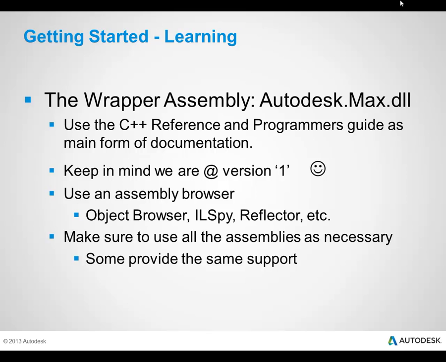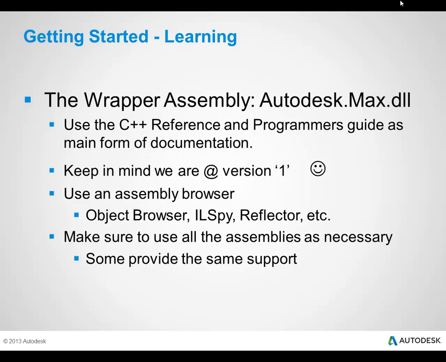So Visual Studio has the object browser. There's an open source tool called ILSpy, and that's what I use from time to time because you can run it outside of Visual Studio and it's free, open source. And there's another third-party tool called Reflector, and that one is really good, but it used to be free and now you actually have to pay for it, so it costs a little bit of money.